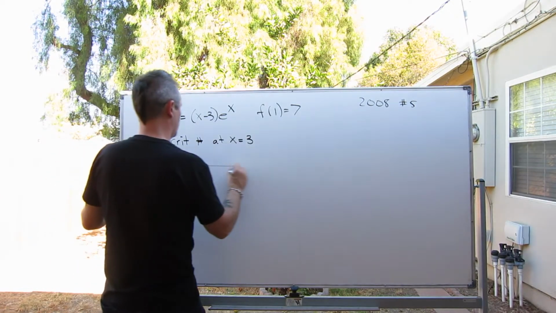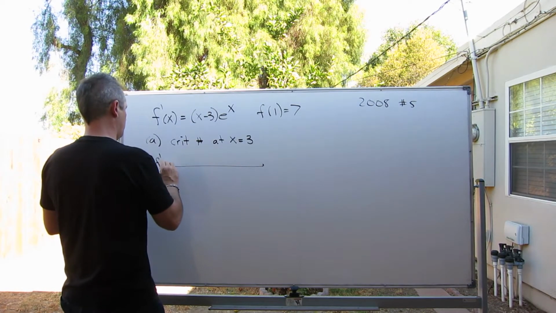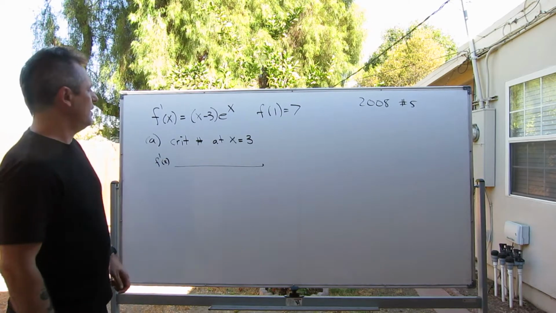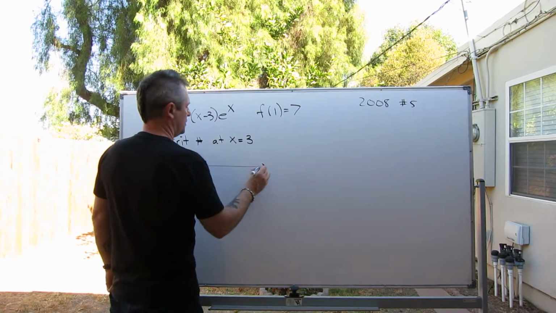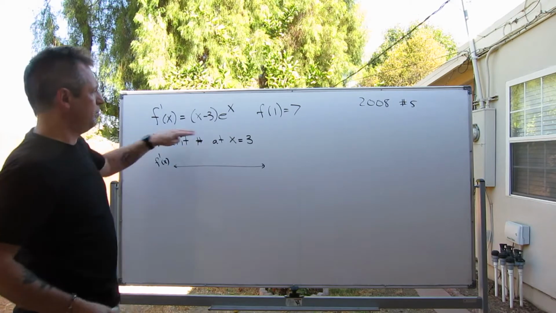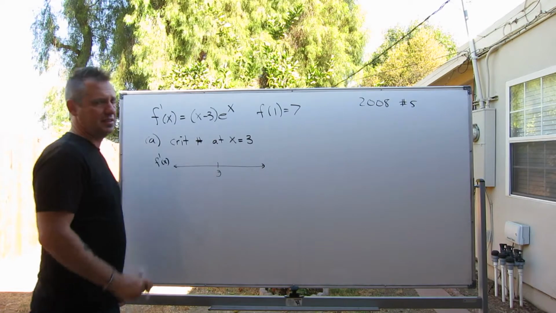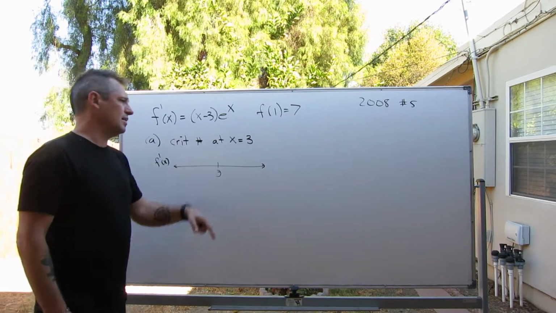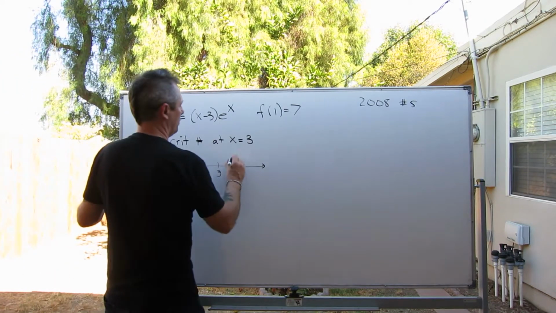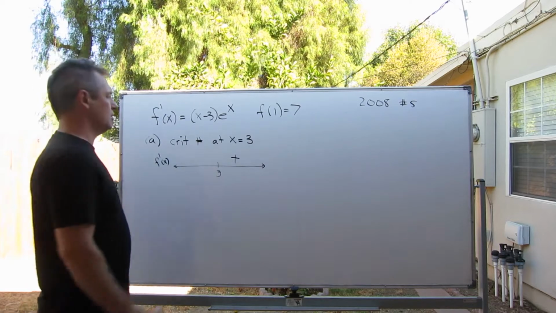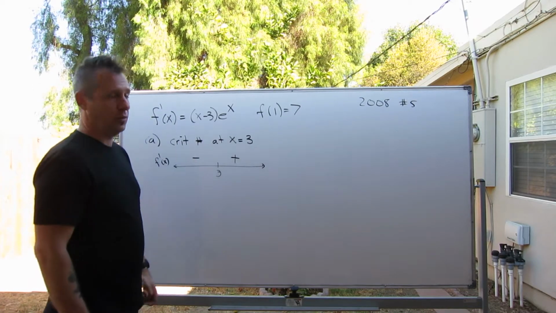So for the first derivative test, I'm going to draw a number line. Here's f prime of x. I can see that I have only one critical number for this thing because f prime always exists, and it only equals 0 at 3 because e to the x is never 0. So if I plug in something bigger than 3, I'm clearly going to have a positive number, and if I plug in something smaller than 3, I'm clearly going to have a negative number.